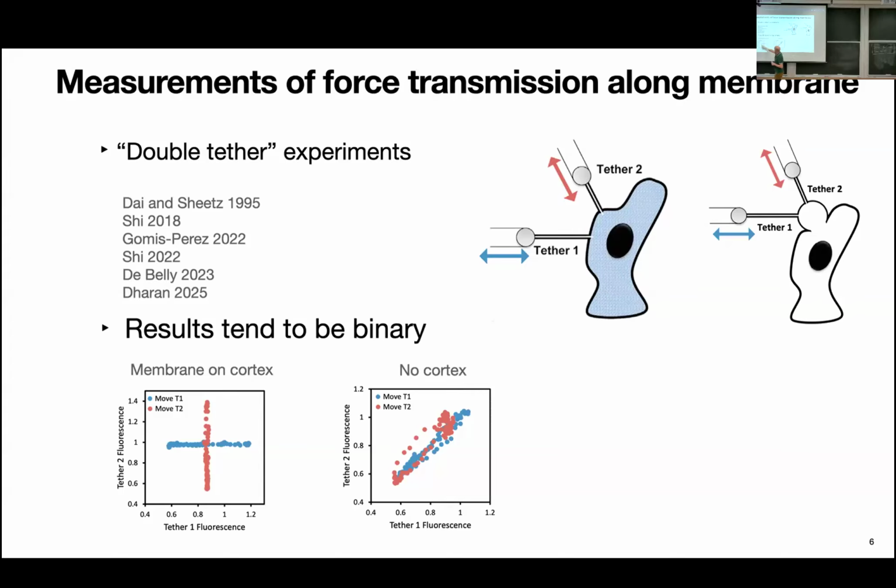And what you see is that the intensity does not change, which we interpret as tether 2 being insensitive to the changes going on in the vicinity of tether 1. And vice versa, by reciprocity, if I tug on tether 2 and look at the response at tether 1, in the red data, you can see that the fluorescence at tether 1 doesn't change.